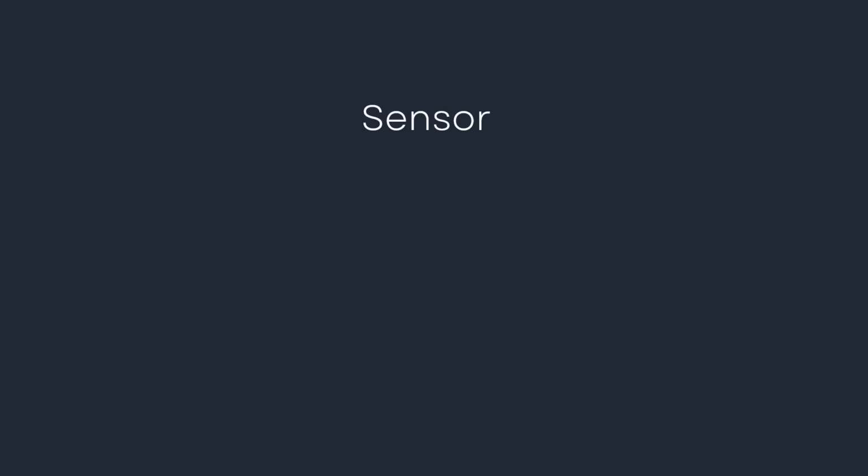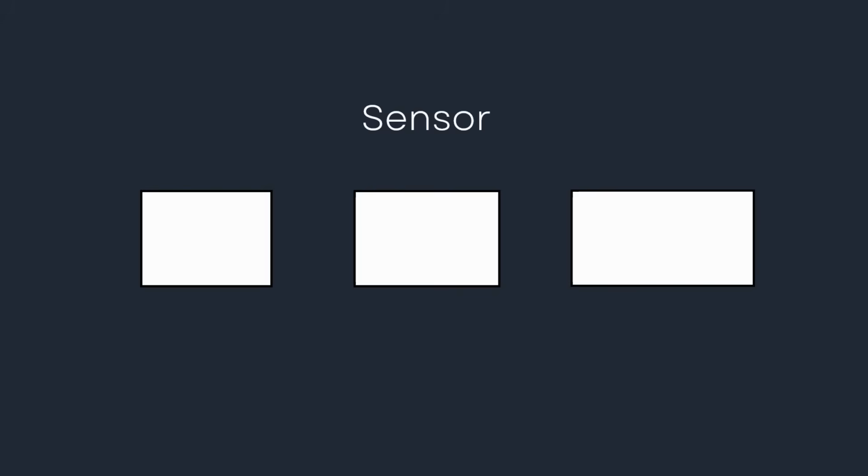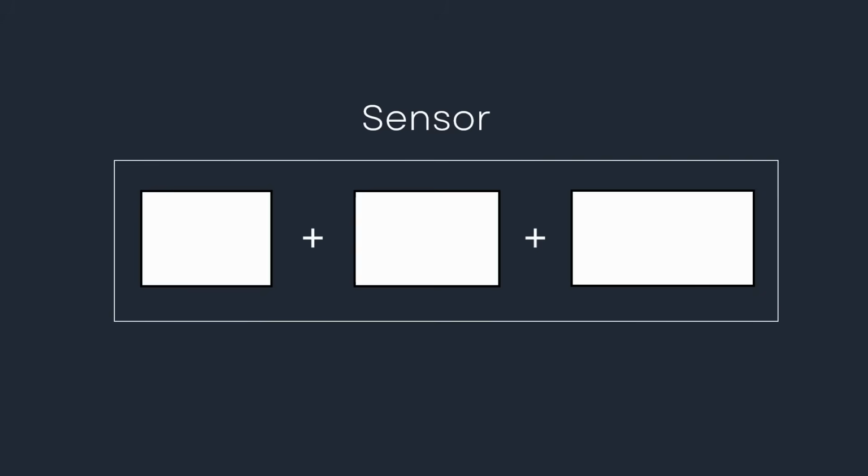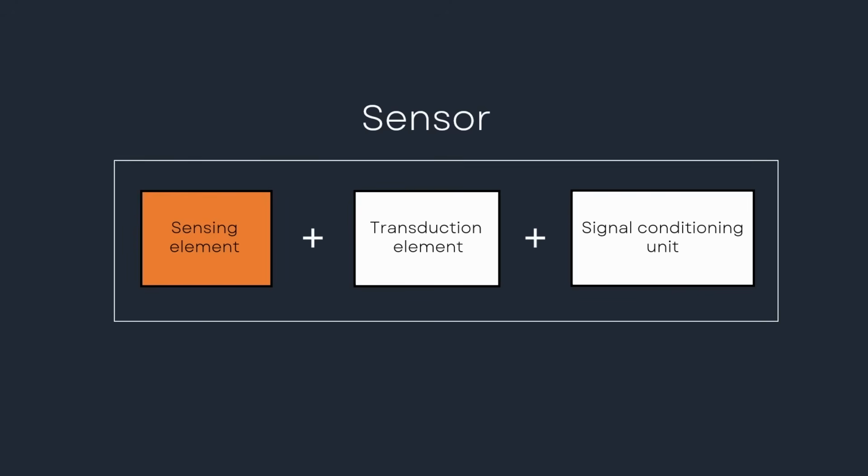Now let's understand how any sensor actually works. Every sensor is made of three basic components: a sensing element, a transduction element, and a signal conditioning unit. The sensing element is the part of the sensor that actually interacts with the physical world.